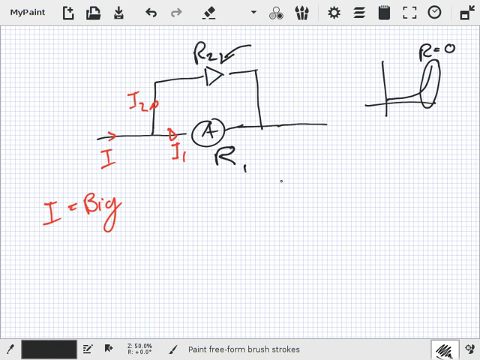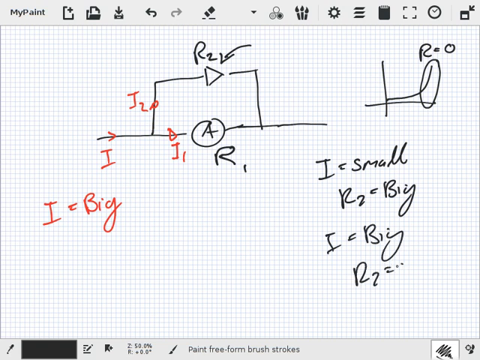Which will be bigger, R1 or R2? Well, it depends what's happening with the current. If the I is small, then R2 is big. And if the I is big, then remember we said R2 is small. When this current gets very large, the resistance here drops.